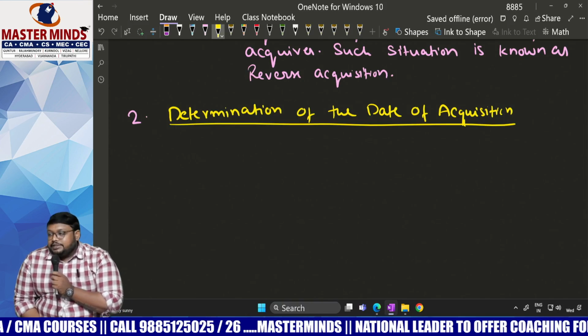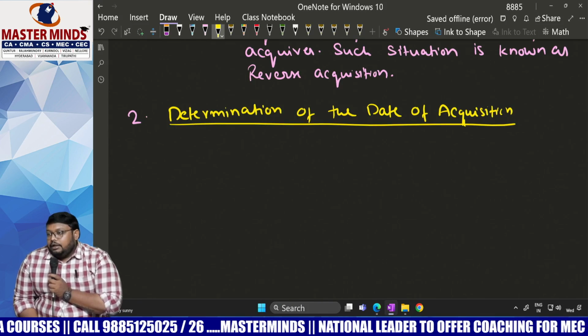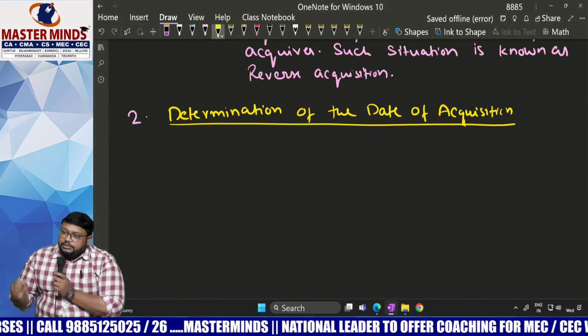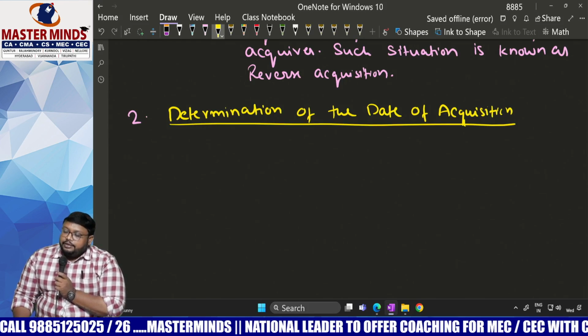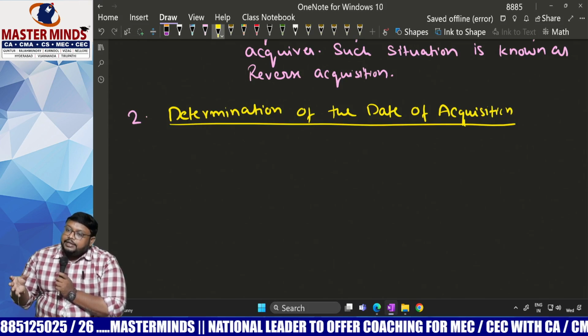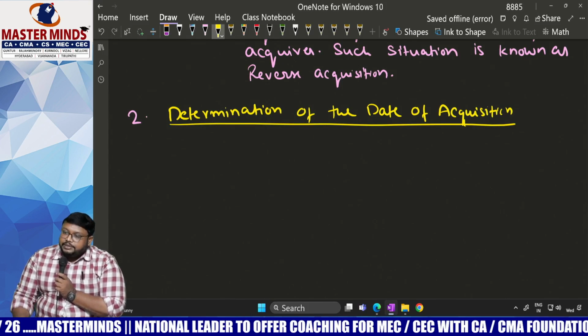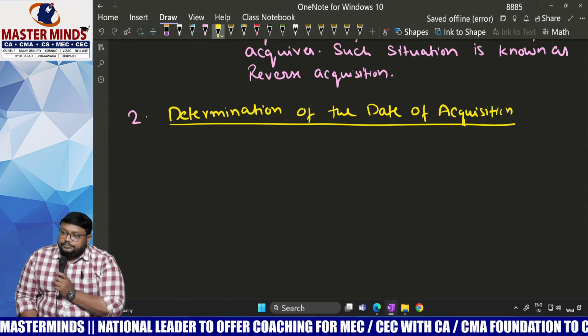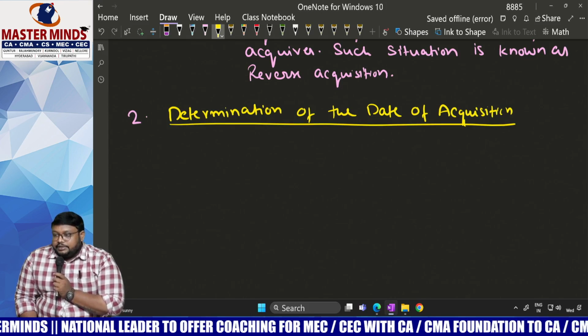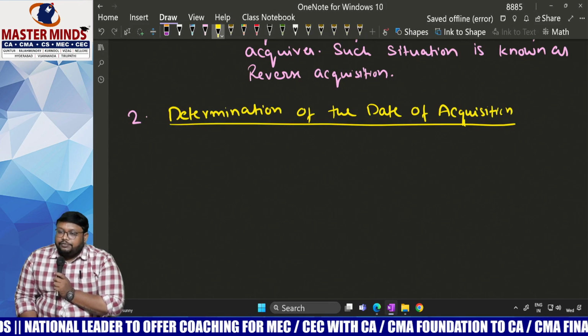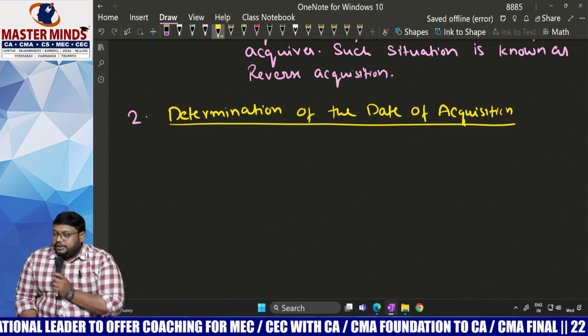So date of acquisition, the date on which we get control. Here, the date on which the acquirer gets control over the acquiree business, that date we call the date of acquisition. In all cases, the date of acquisition will be given directly in the question.